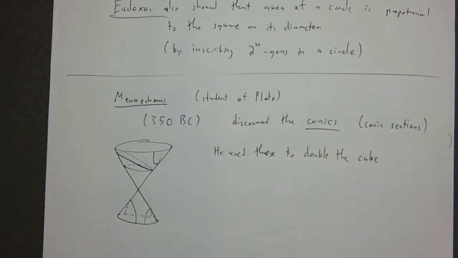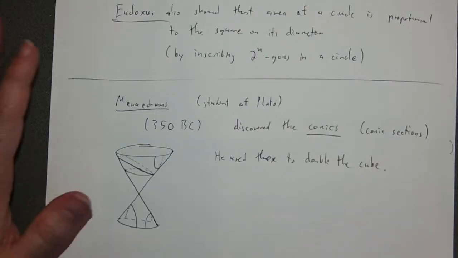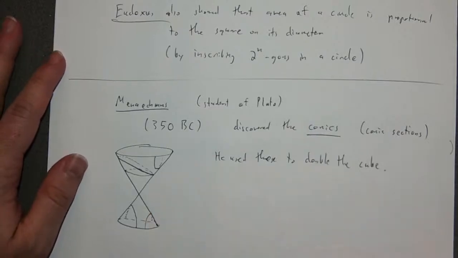Of course, as I've mentioned many times, this would not be acceptable. This was too advanced of machinery to use for those problems, and so this wouldn't solve the problem in a satisfactory way. But this was the use that he came up with for these curves.